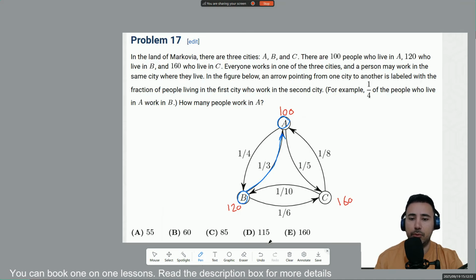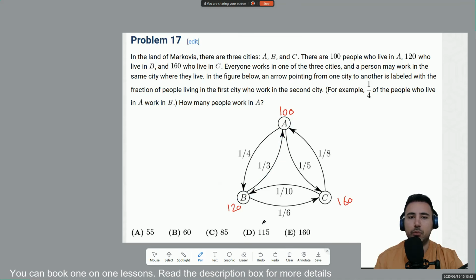For example, how many people from B go to A to work? 120 times 1/3, right? We already saw that. That's just 40. So that's all we really need to understand about this.